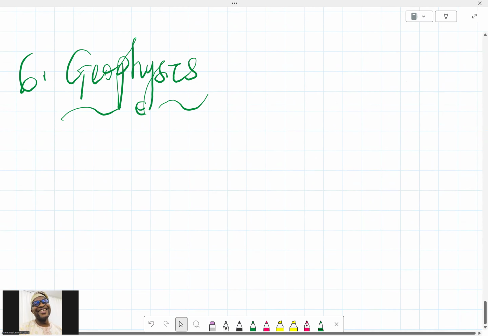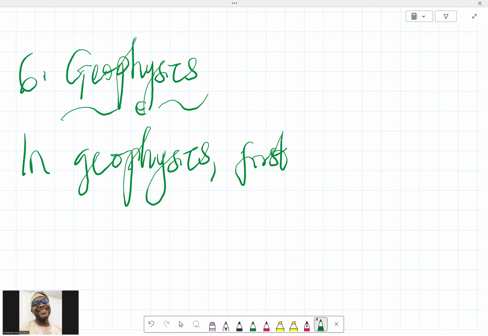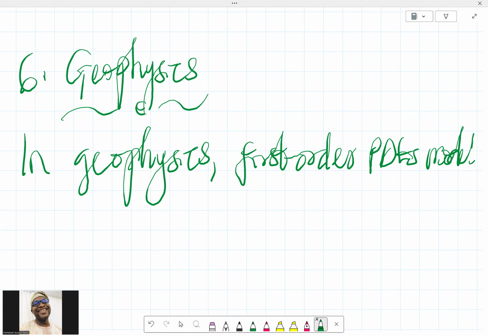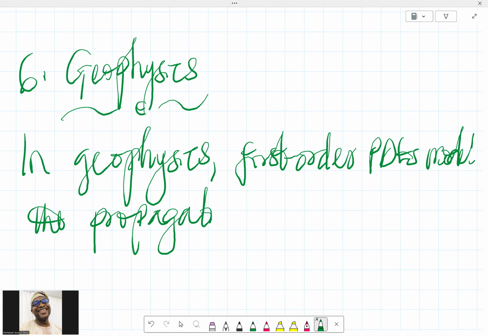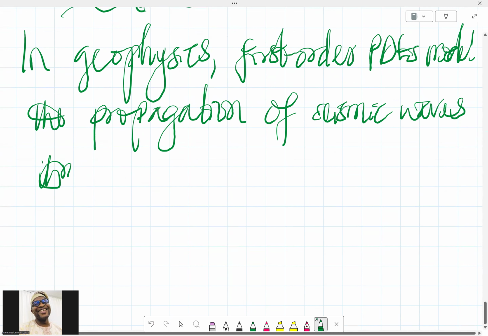So in geophysics, first order PDEs model the propagation of seismic waves through the Earth's crust.